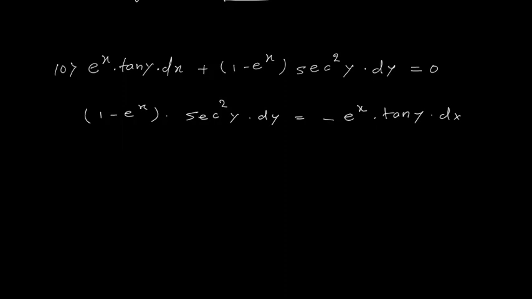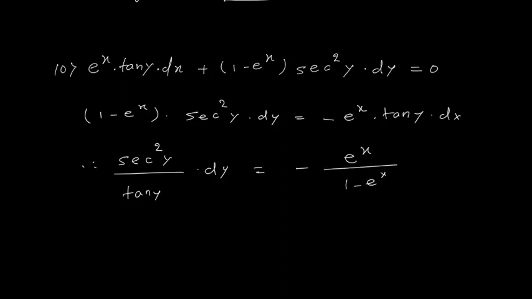I will integrate on both the sides. But before that I will separate terms. Like here I have therefore sec square y upon tan y into dy is equal to, here I have minus e power x upon 1 minus e power x dx. Now the derivative of tan y is sec square y and the derivative of 1 minus e power x is minus e power x.